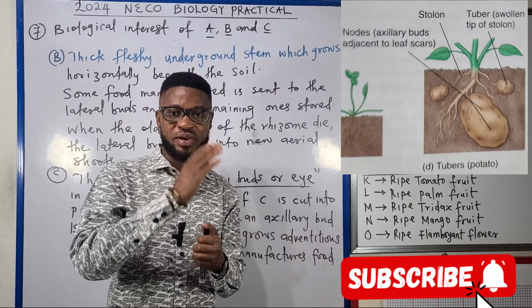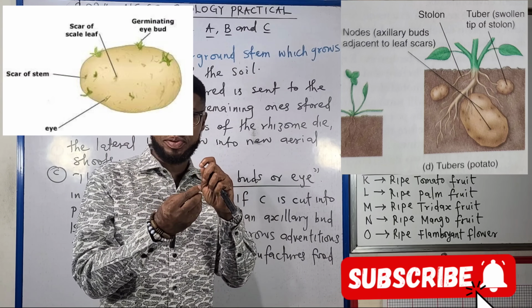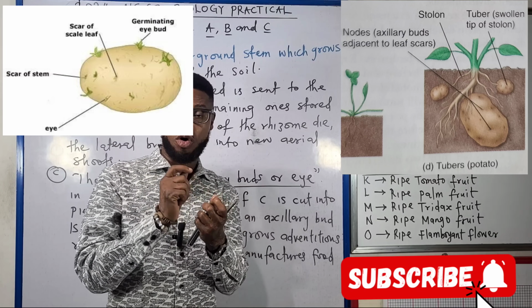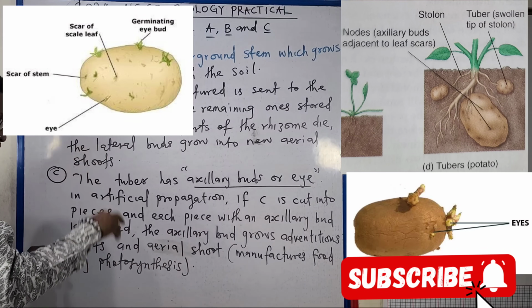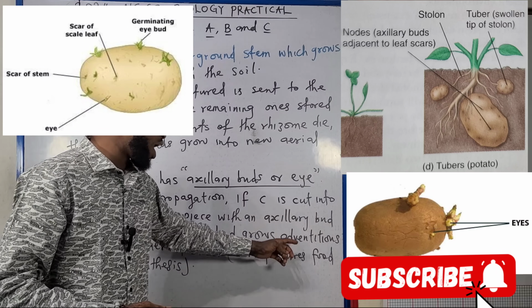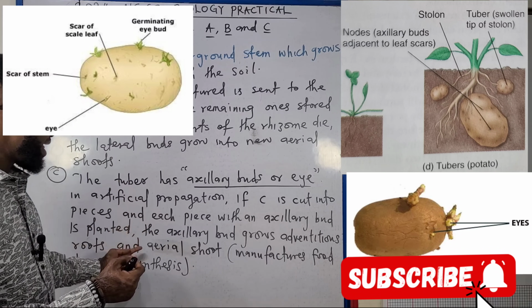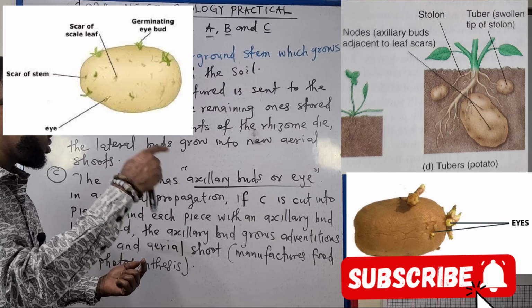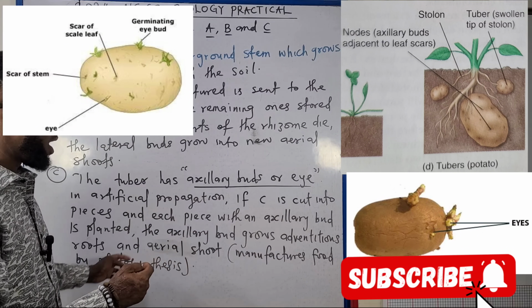If we cut that specimen into pieces such that each piece has an axillary bud, or what we call the eye, and we plant it, that axillary bud is going to grow adventitious roots, and it will also grow aerial shoots. It is the aerial shoot that manufactures food by photosynthesis.